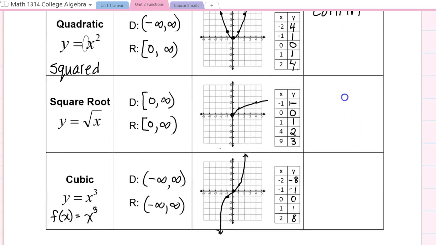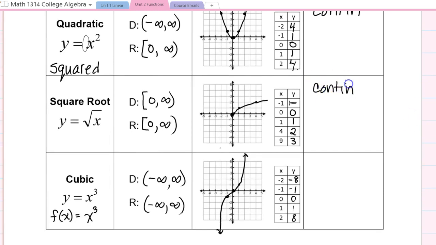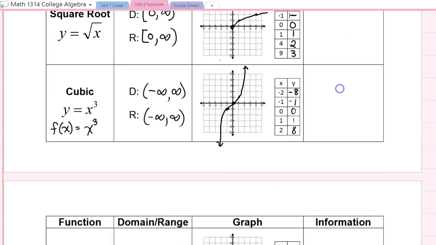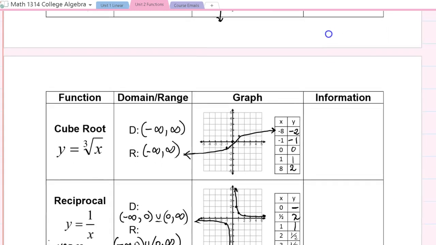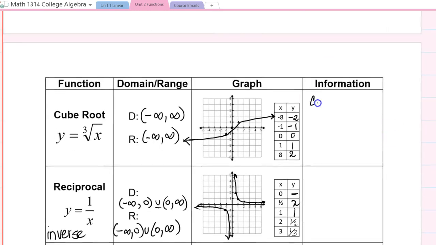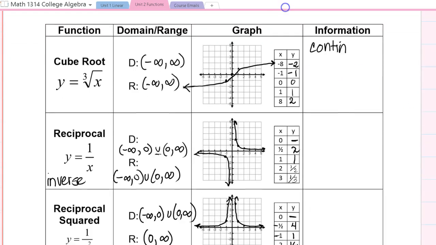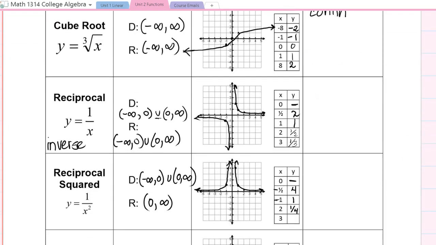Square root is continuous. Cubic is continuous. Cube root is continuous. Reciprocal is not continuous, so I'm not going to write down that it is.